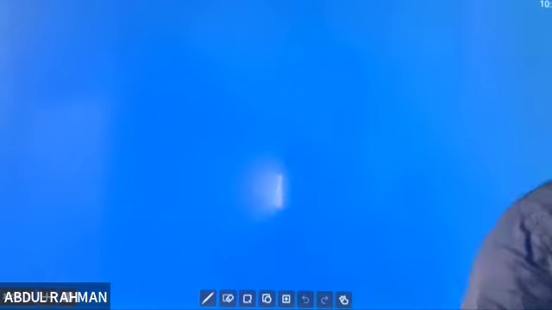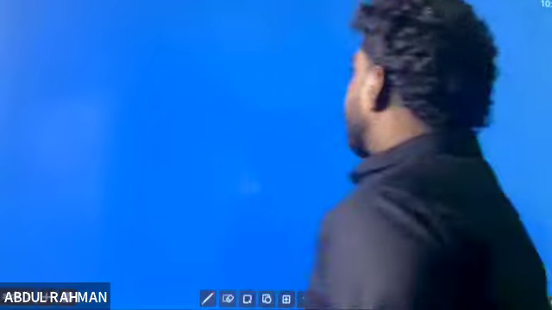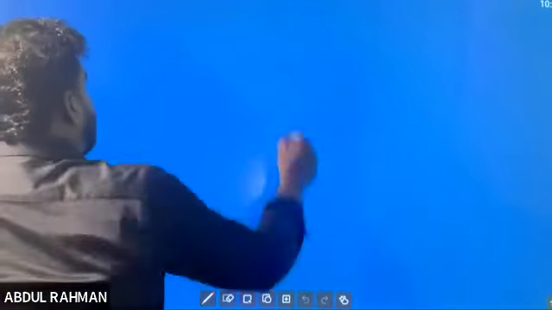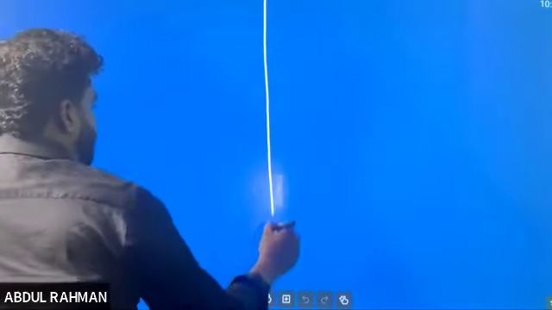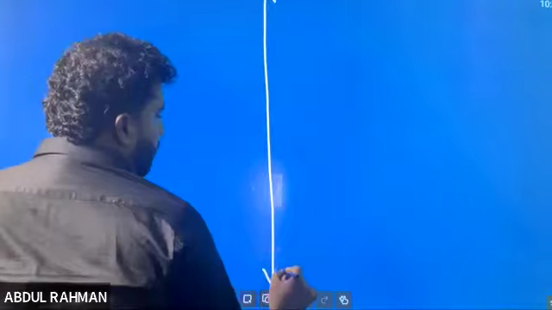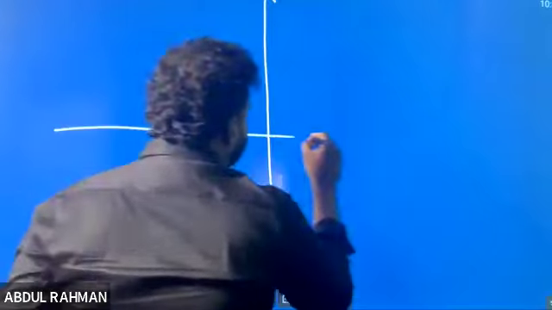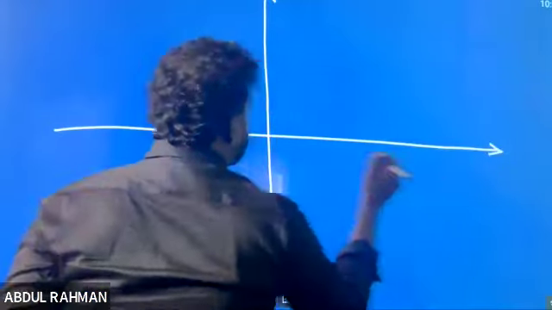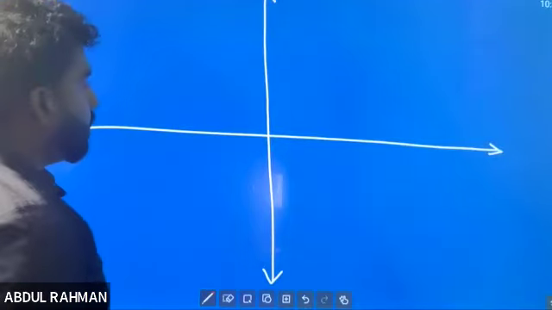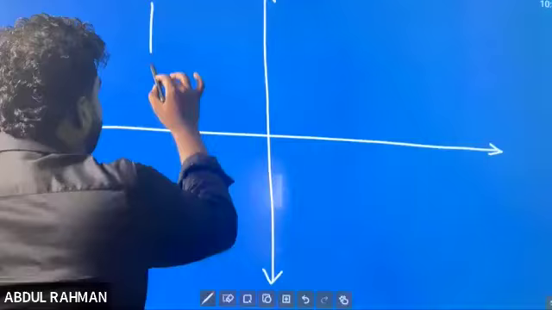Your graph figure, how many? Very good. Right. Now look at the book. Now I'm drawing the graph. Look carefully. This is a note that you are going to copy down in your writing book. Now I have a graph.